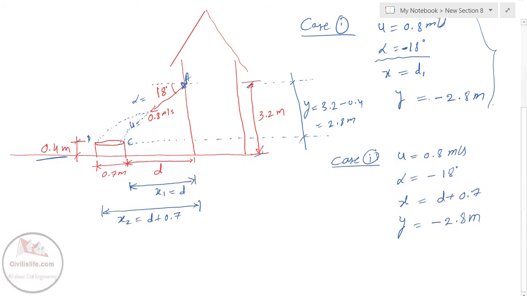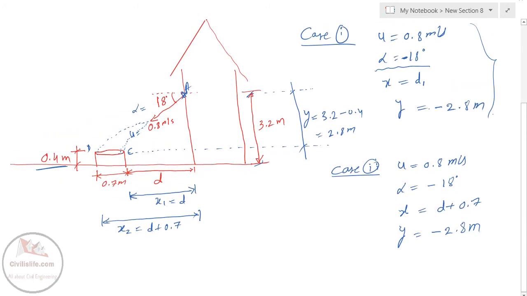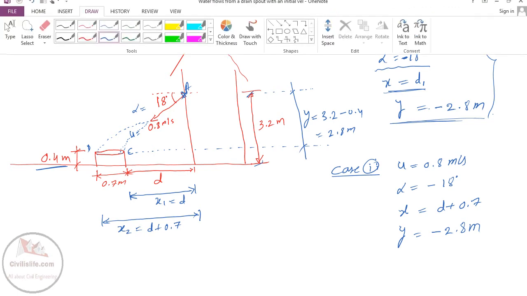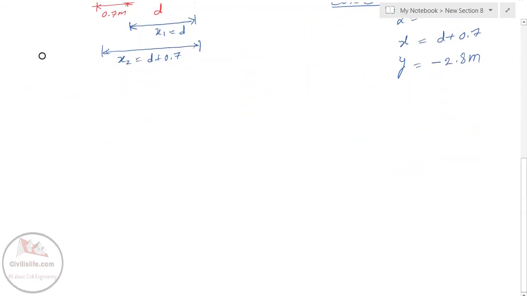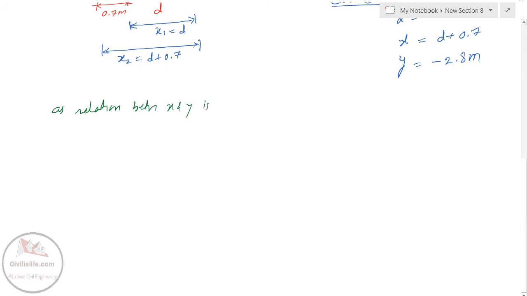So as here, if you look into this again, the relation between x and y is known to us. So I can use the equation of trajectory. Using that, I am writing here: the relation between x and y is known.